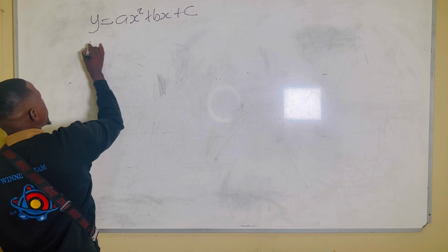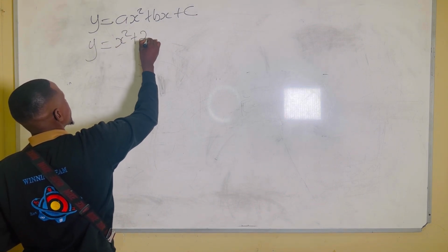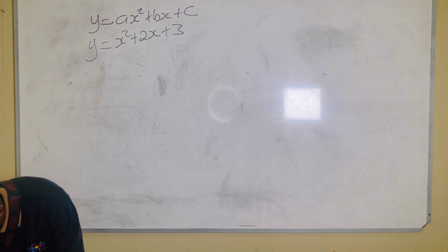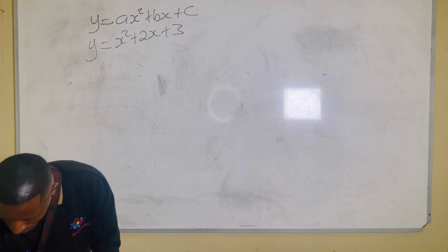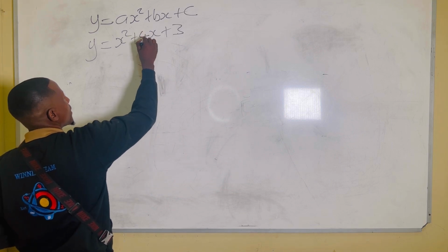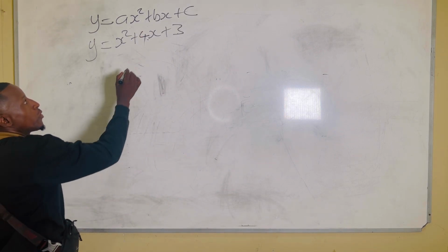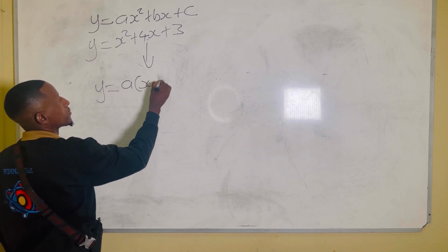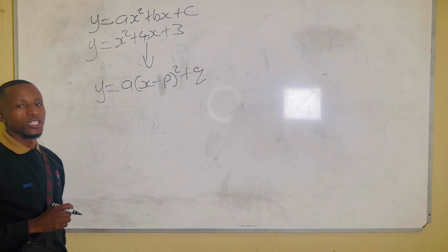When an equation is given in this format, which is y equals x squared plus 4x plus 3, they want you to convert it to this format. You do that by completing the square.